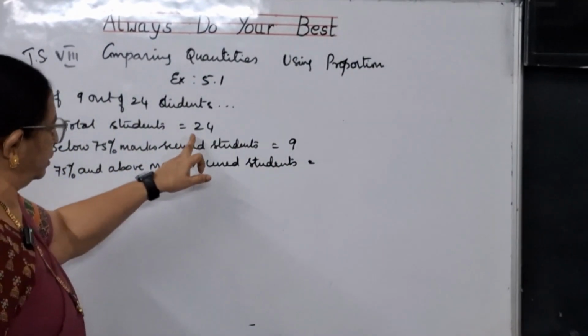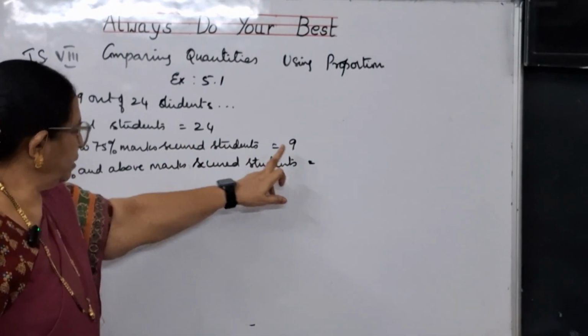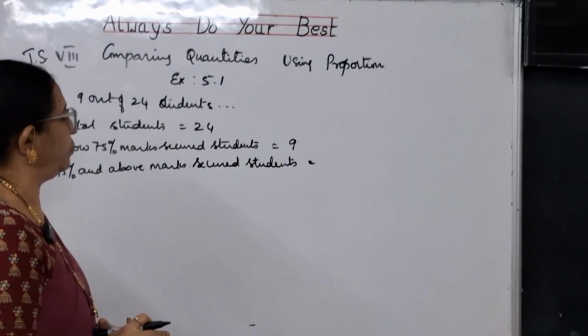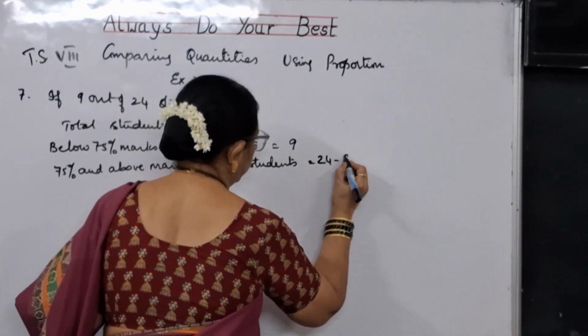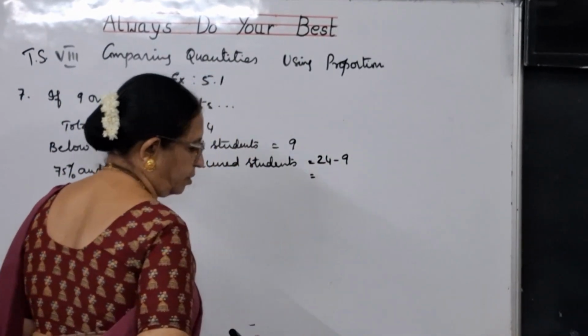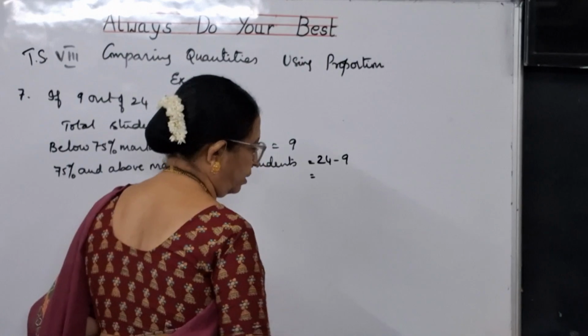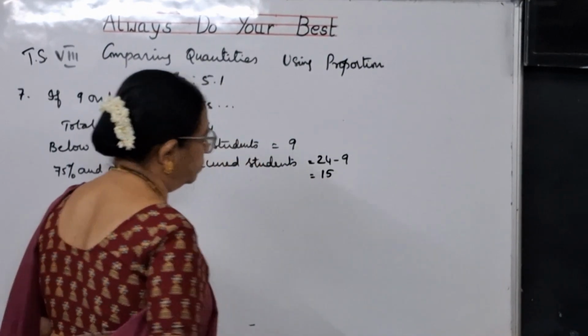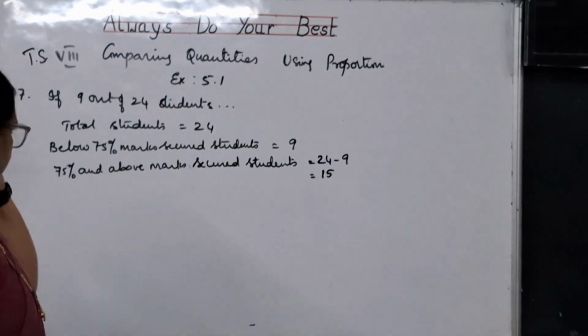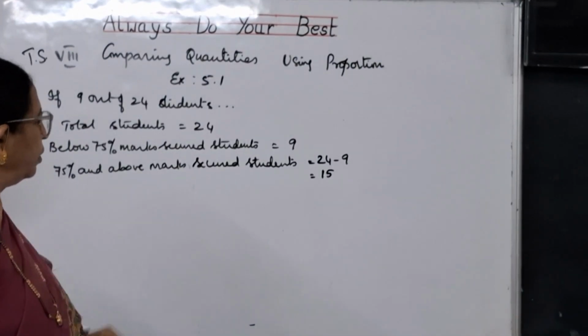Total 24 are there. In this, 9 students got below 75. So the remaining is nothing but 24 minus 9. That is, how many students got? This is nothing but 15 students got 75% and above marks.